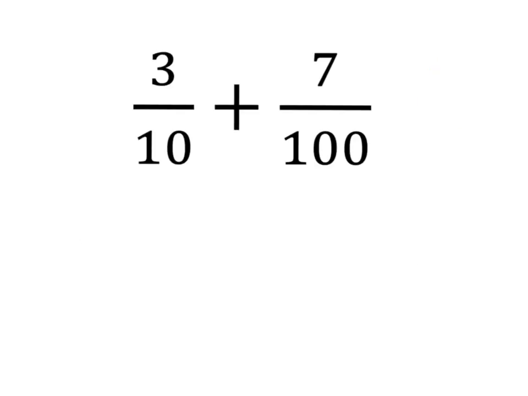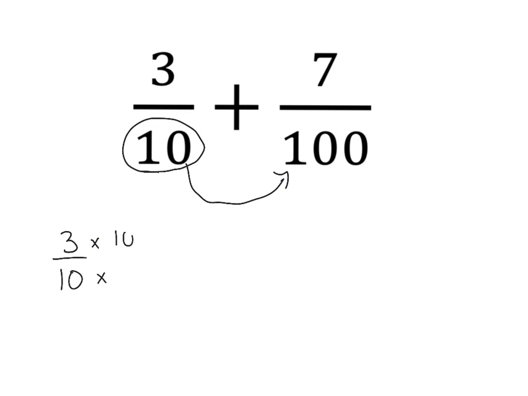All right, next one, 3/10 plus 7 hundredths. So just like we've been working on, we need to get this denominator 10 here into 100, so then we're able to add it. And how we're going to do that is we're going to use the standard. 3/10, and we're going to multiply the top and the bottom by 10. We want to get that hundredth. And we get 30 in the numerator and 100 in the denominator.